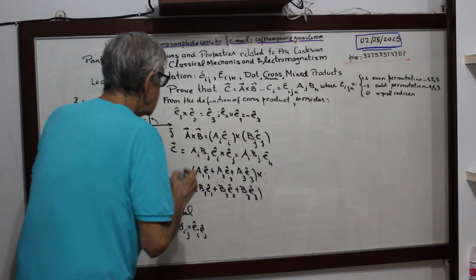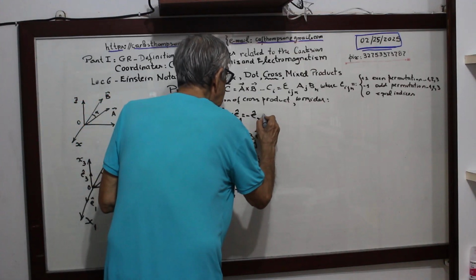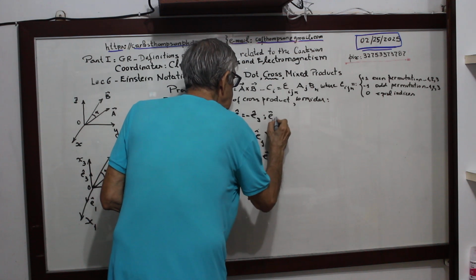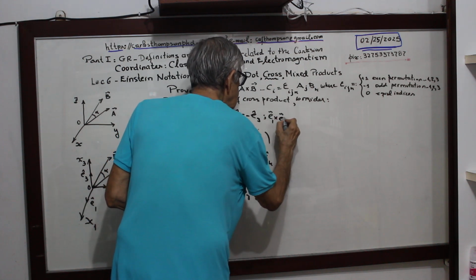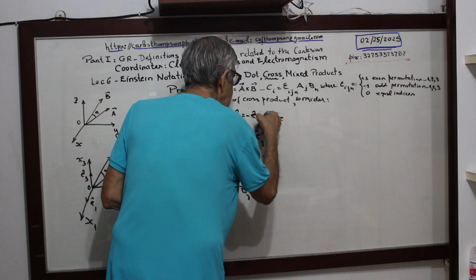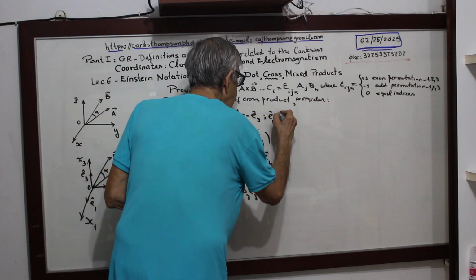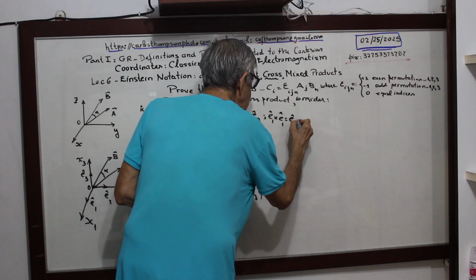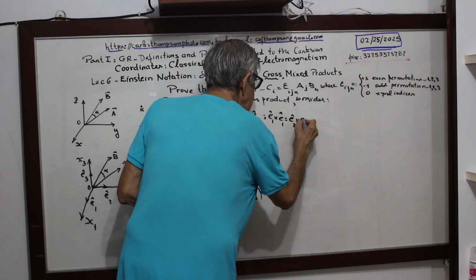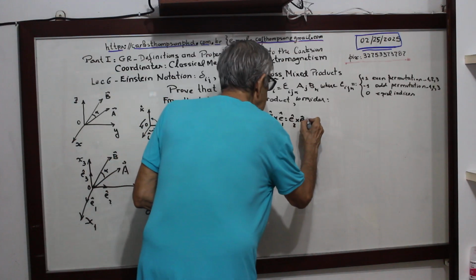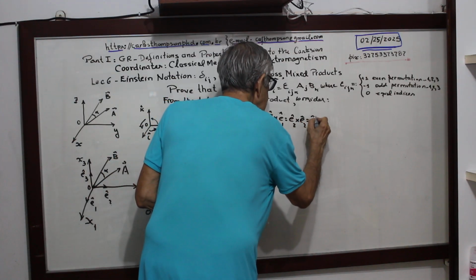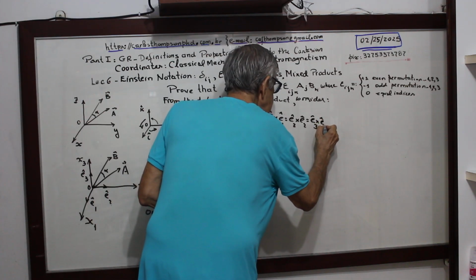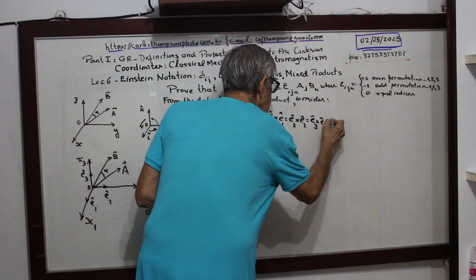It's important for you to know that e1 cross e1 is equal to e2 cross e2, which is equal to e3 cross e3, which is equal to 0.